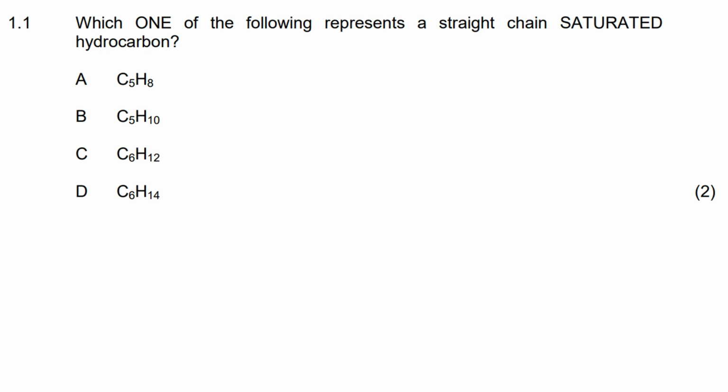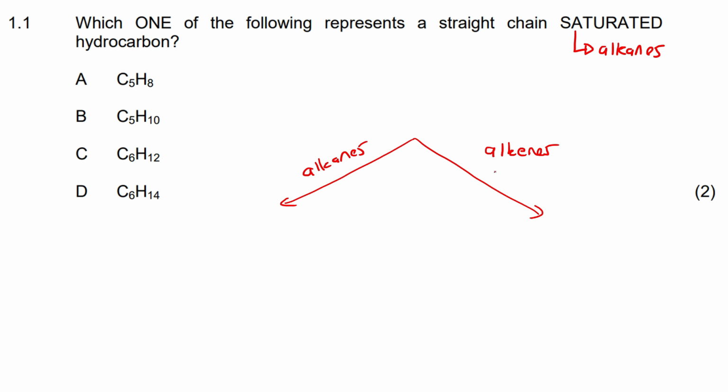Which one of the following represents a straight chain saturated hydrocarbon? So what is saturated? Well, we know that the alkanes are saturated. Okay, so let's do this. Alkanes, and then the other two, the alkenes and the alkynes.